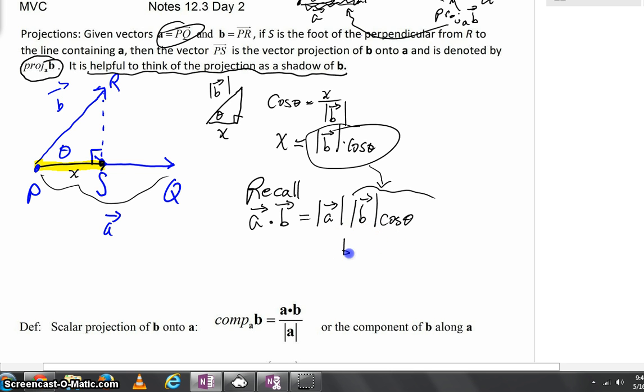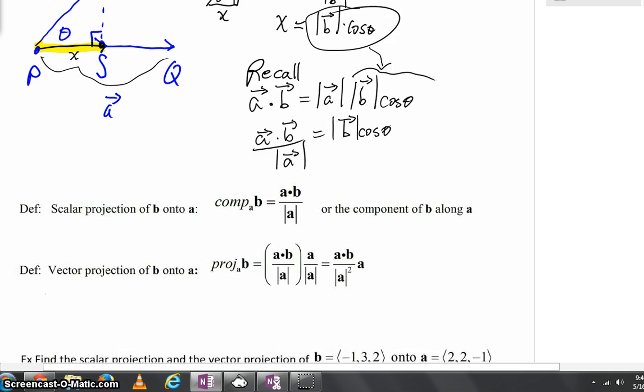So if we were to solve for x, in other words, what you'd get is vector A dot vector B divided by the magnitude of vector A. So this is your projection length.